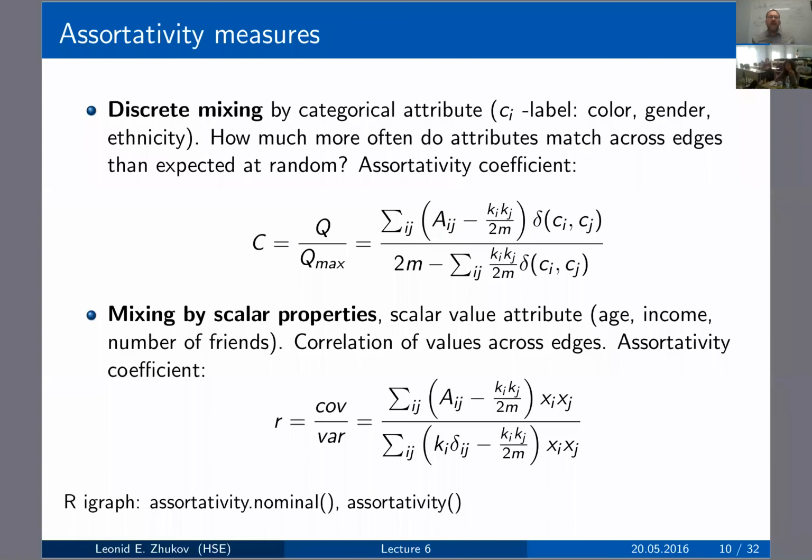So how can we actually measure this, right? I mean, we can look at the network, we can look at the colors, but of course there is a way to give a numerical value. There are several numerical values we can talk about. If we have mixing by a categorical attribute, and categorical attribute means, again, color, gender, ethnicity, political preferences, then the way to measure it is through what's called the assortativity coefficient.